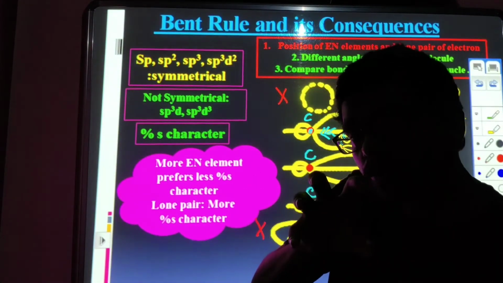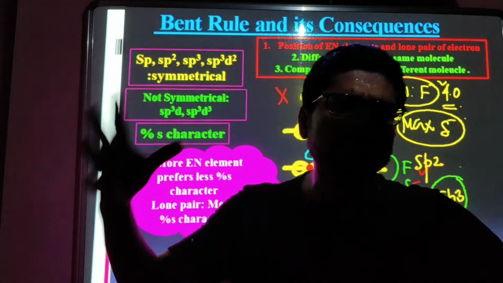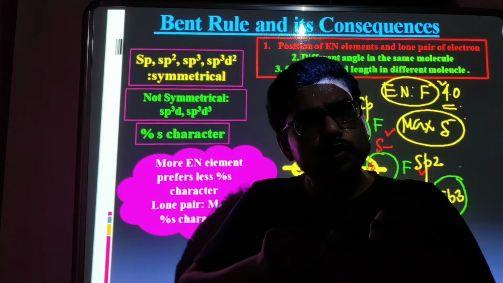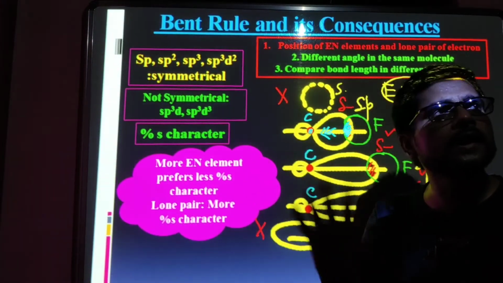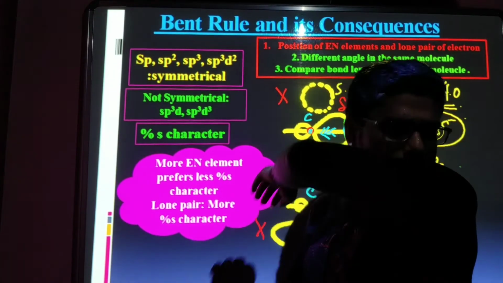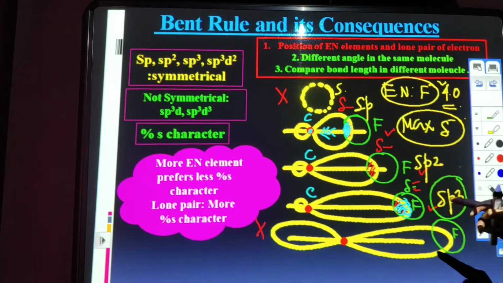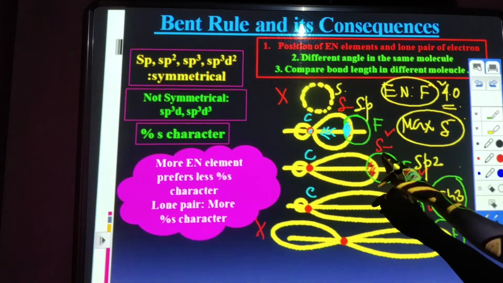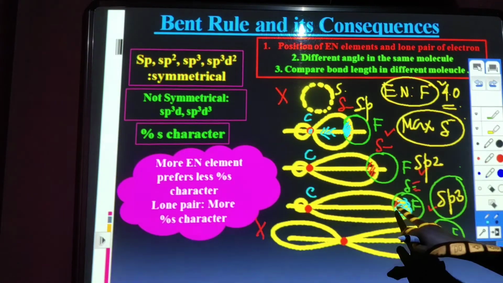In one hybridized orbital it will decrease, and in the other 3 or 4 hybridized orbitals, it will be equally distributed. So there won't be any loss of the percentage of s character. That's why a more electronegative element will occupy positions where the percentage of s character is less.